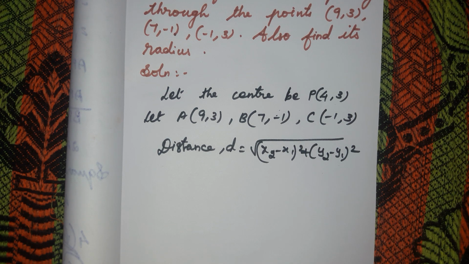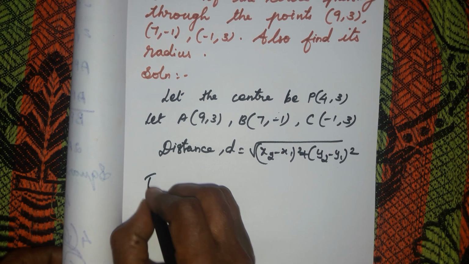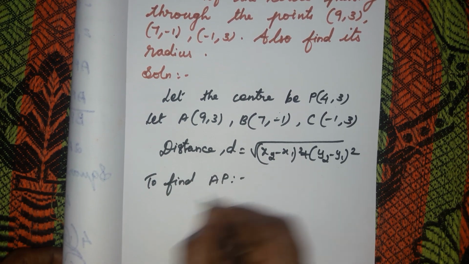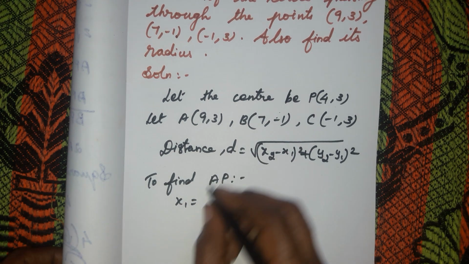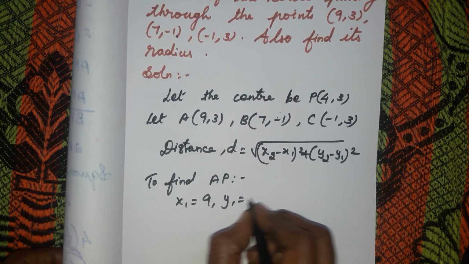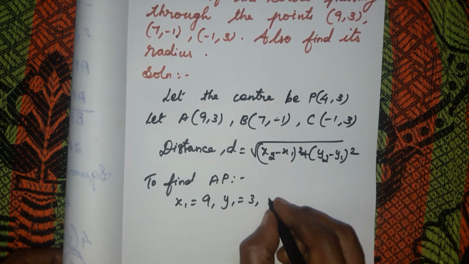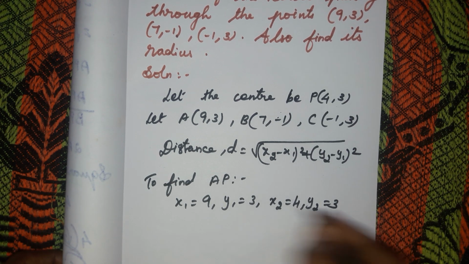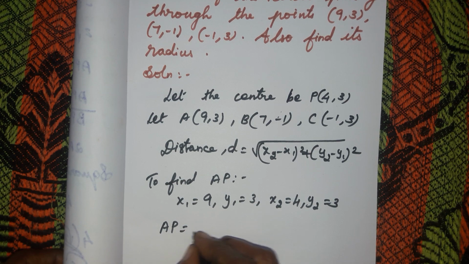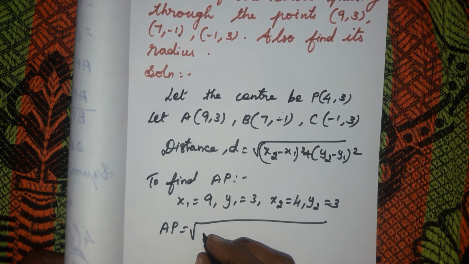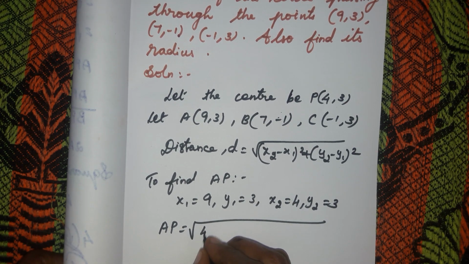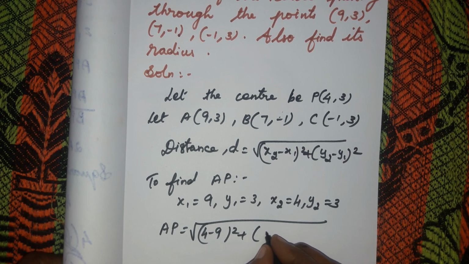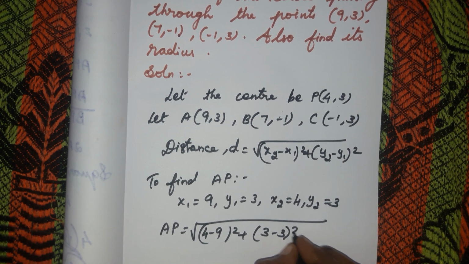First we want to find AP. To find AP, x1 is equal to 9, y1 is equal to 3. Next, x2 is equal to 4, y2 is equal to 3. AP is equal to root of (4 minus 9) the whole square plus (3 minus 3) the whole square.